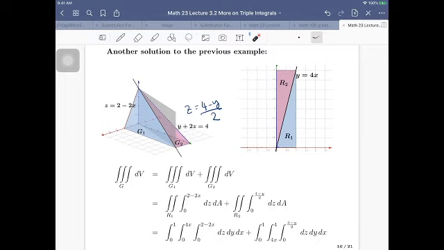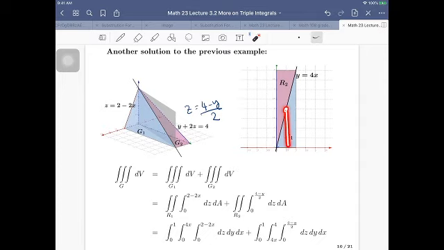Okay? And then again, after getting the limits of integration of the innermost integral, the next problem is to also write the limits of integration of the double integral, and you can do that by looking at your projection. So over R1, you treat this as a type 1 region.